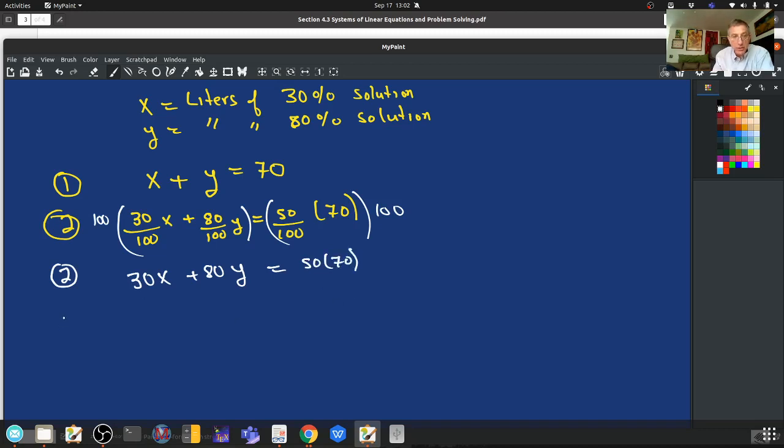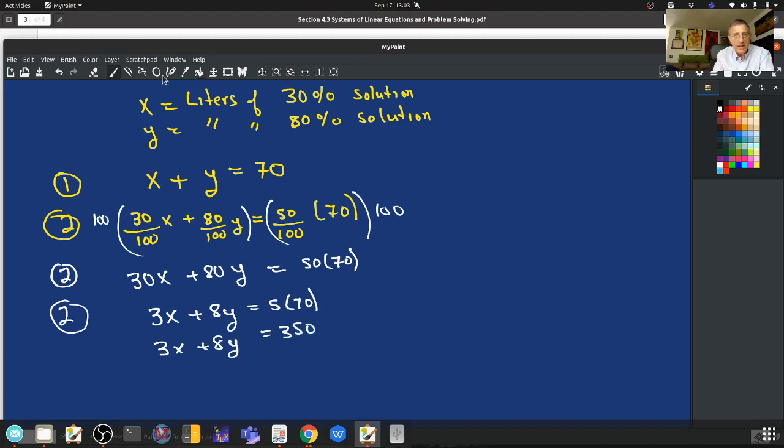And I'm actually going to do one further simplification of 2. Since each of 30, 80 and 50 is divisible by 10, I'm going to divide each side by 10. So that's going to give me 3x plus 8y is equal to 5 times 70, or in other words, 3x plus 8y is equal to 350.